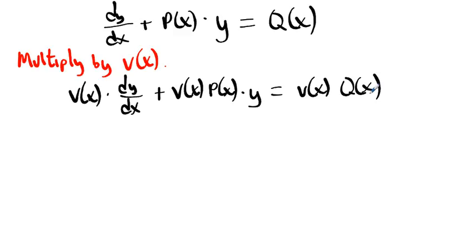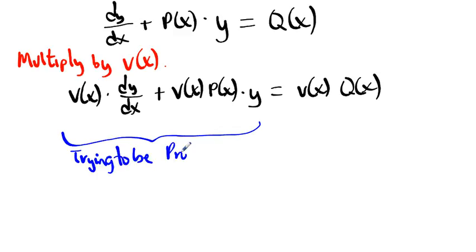And you're thinking to yourself, what in the world is this? Why would I multiply by something and make it look worse? And what is that thing anyway? Well, the insight that the mathematicians of the ages have had goes something like this. Take a look at the left-hand side. It looks like this is trying to be a product rule.